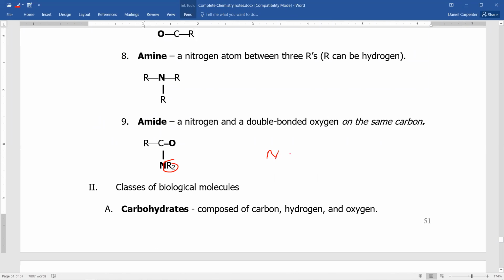So we've got N, H is one of the R's. The other line is an H, which is the other R. And then we've got the C double bond O and the rest of it up there. So sticks can be R's, in this case, not in most cases, but not every case. Okay, thanks.